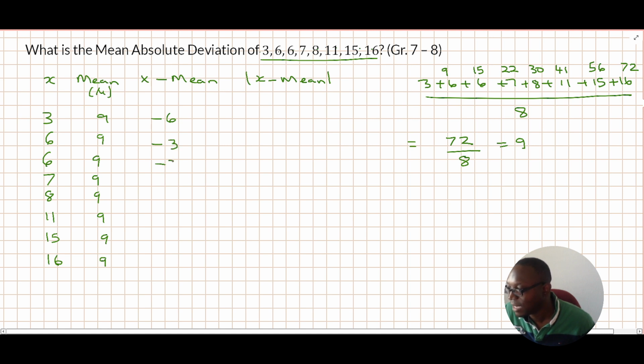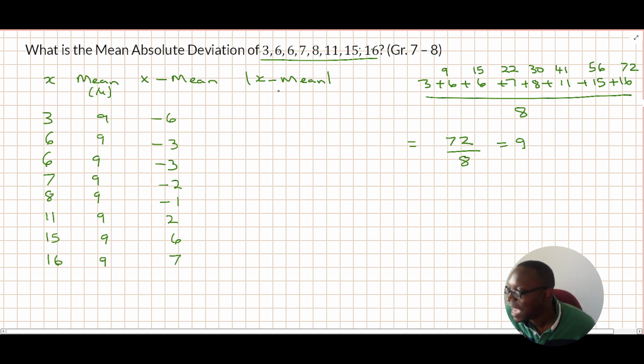This is going to give us negative 3. 7 minus 9 is negative 2. 8 minus 9, negative 1. 11 minus 9 is 2. 15 minus 9 is 6. 16 minus 9 is 7.